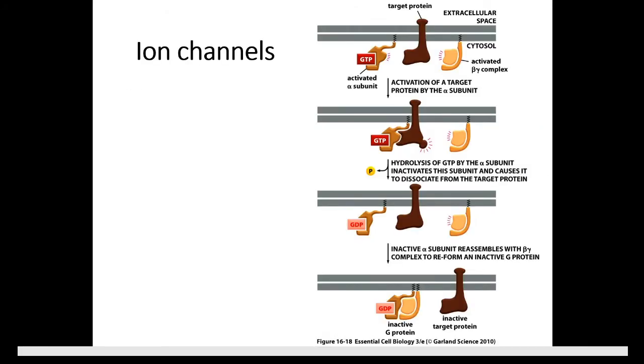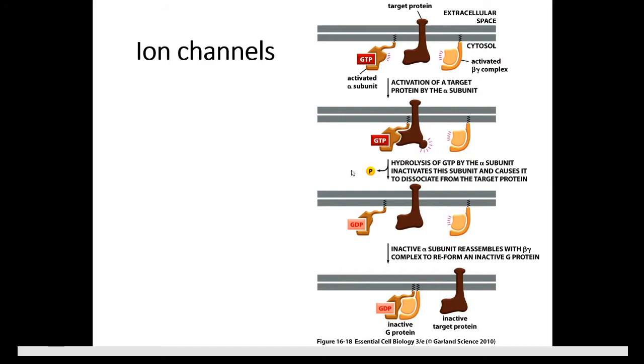Okay, next is the ion channel based receptor. Ion channel based activation of G protein. In this ion channel based activation, the GTP-bound activated alpha subunit interacts with a particular target protein.